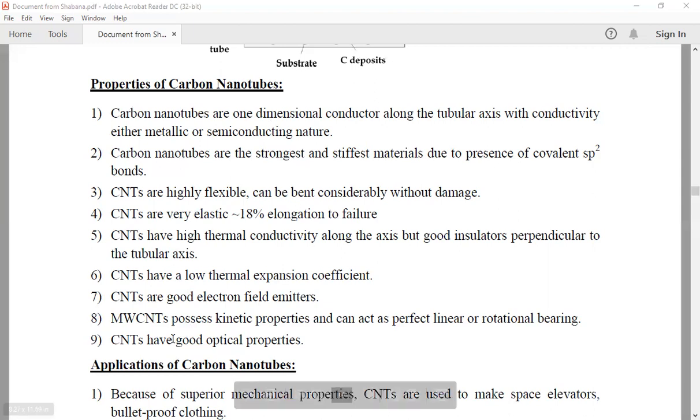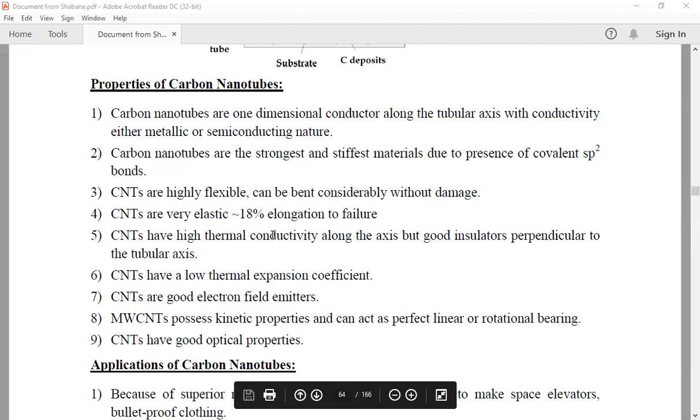Coming to the optical property, the optical property of carbon nanotubes is studied through absorption, photoluminescence and Raman spectroscopy, which allow quick and reliable characterization of these nanotubes in terms of non-tubular carbon content.